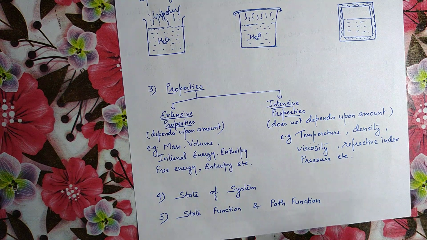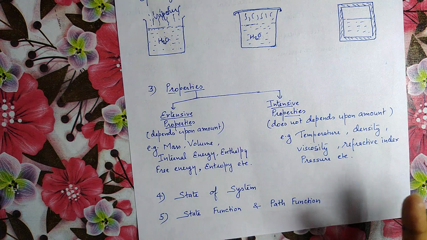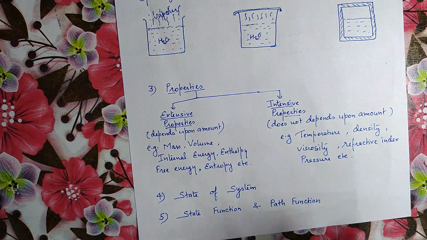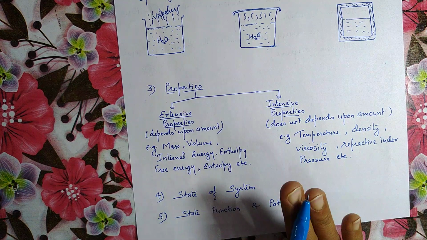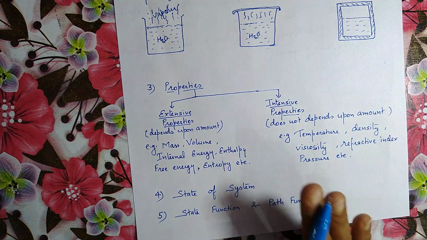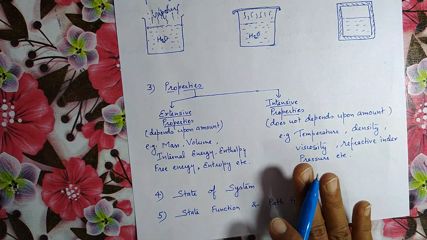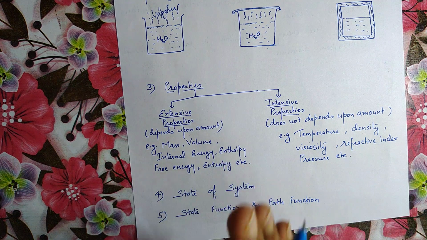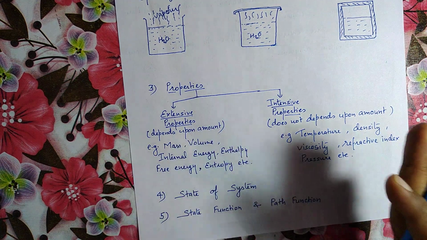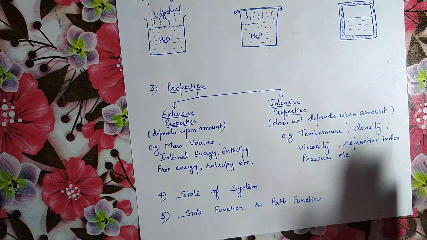The properties of that gas, that is temperature, pressure, volume and number of moles of gas present in that system, specify the state of that system. If you change any property, then the state of the system will change automatically. Then the system goes from one state to another state.